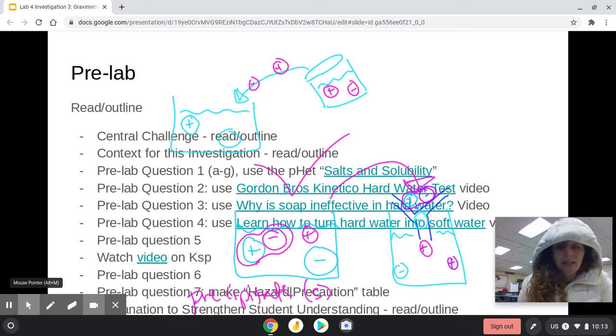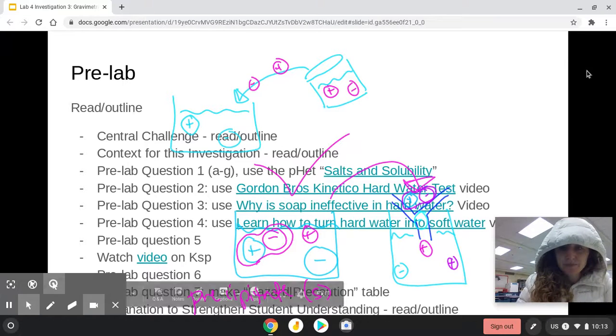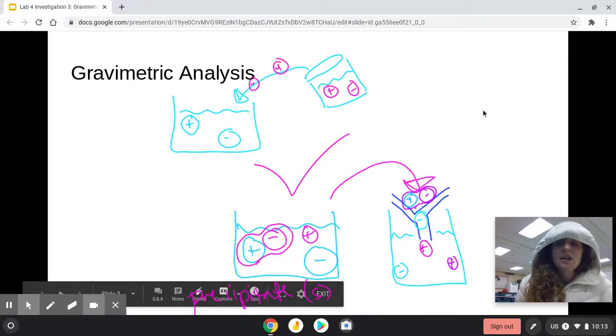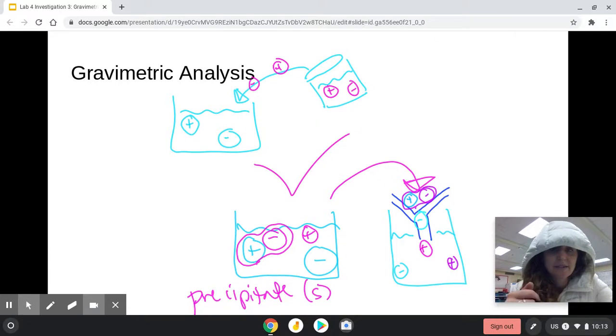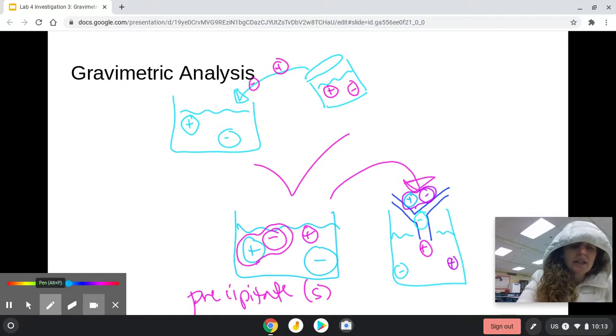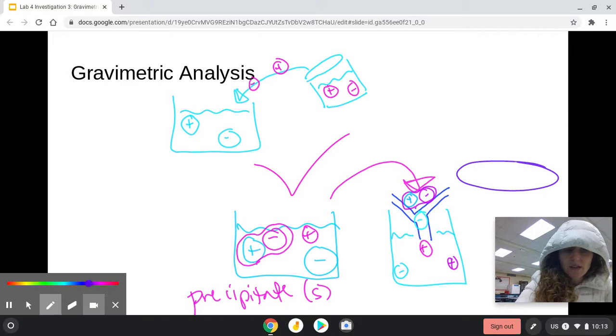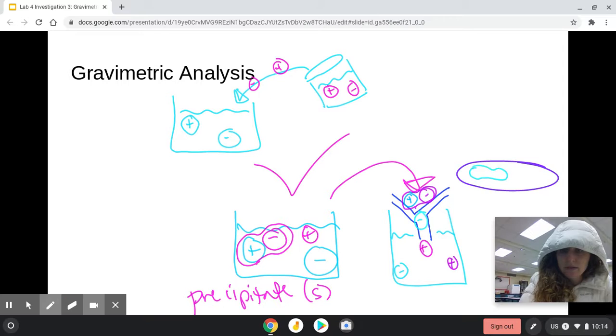This is gravimetric analysis. We can then take the filter paper, we can dry it so all the water evaporates off. So here's our filter paper with our little solid stuck to it all over the place.